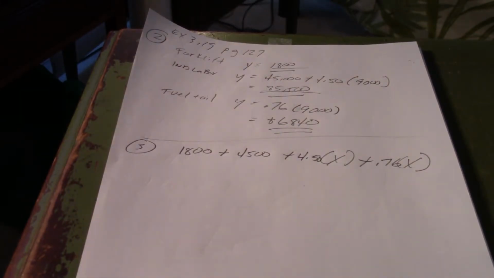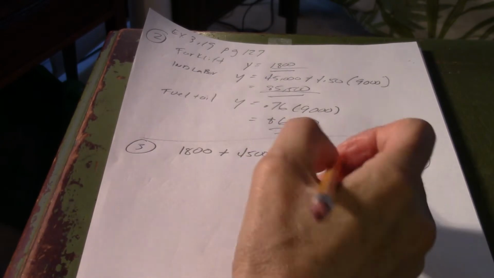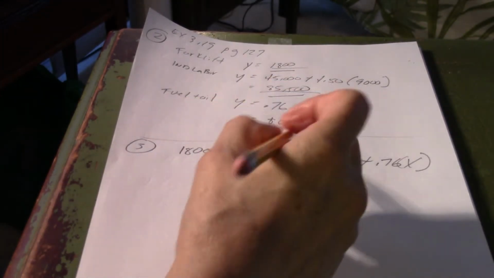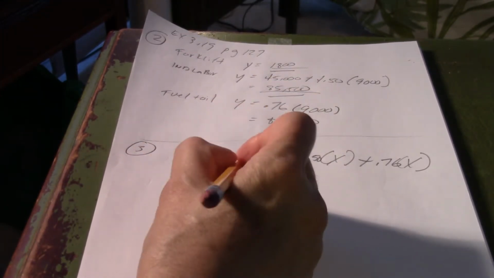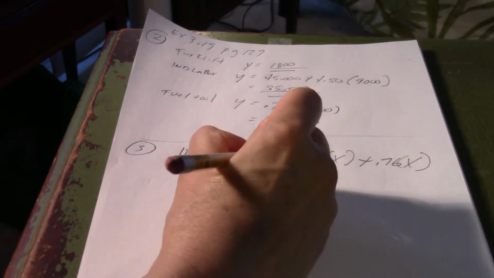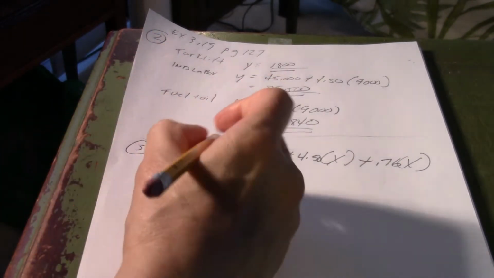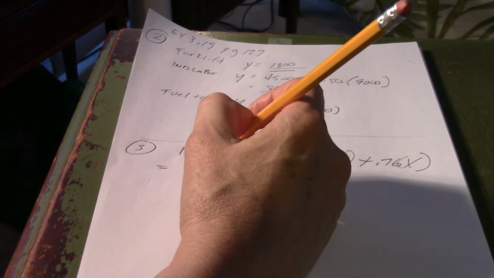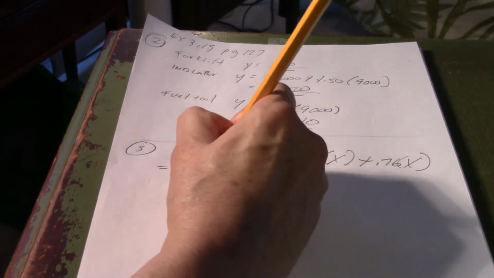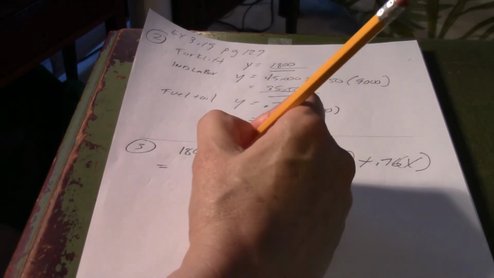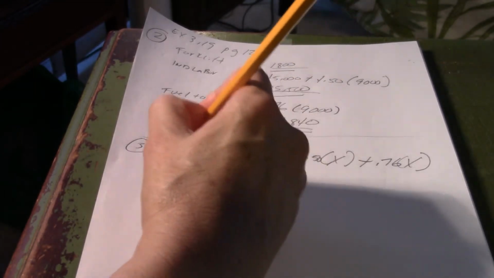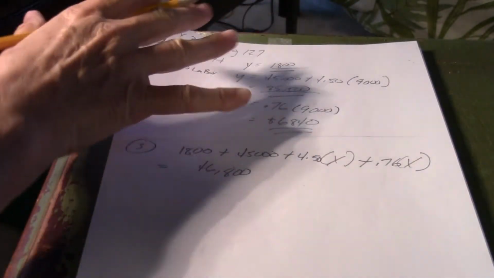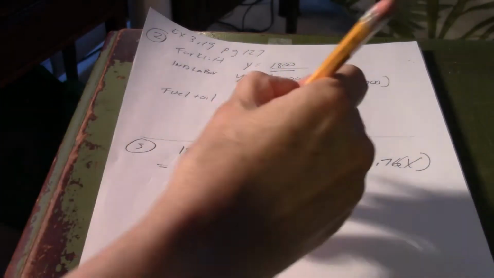So that's our formula, but algebra tells me I can simplify that. So I can add these two. 1,800 plus 45,000 is equal to 46,800. Alright, so there's my intercept. If I were to do all 3 of these in one line, there's my intercept.